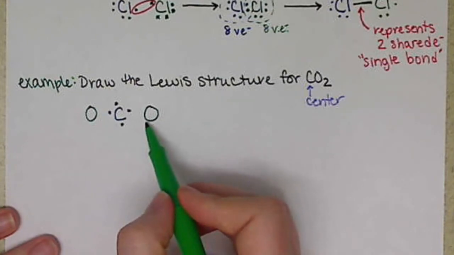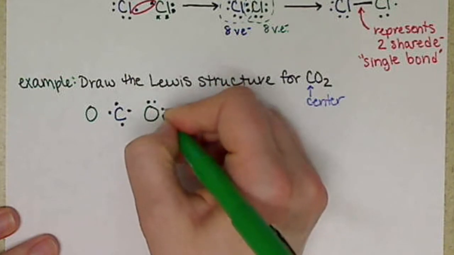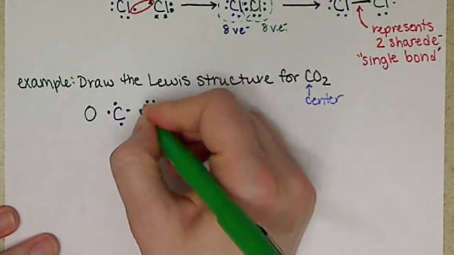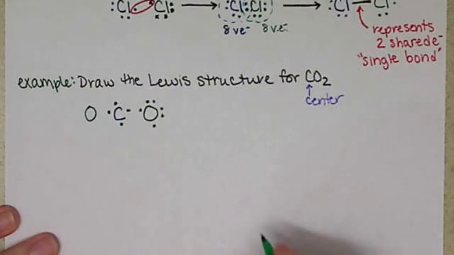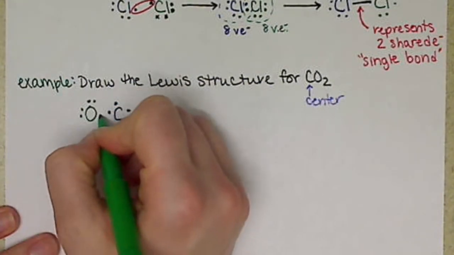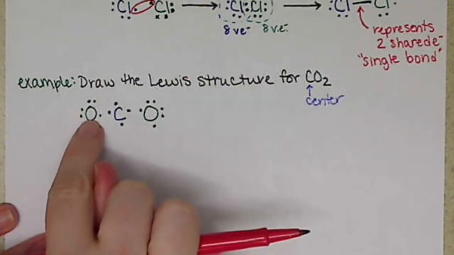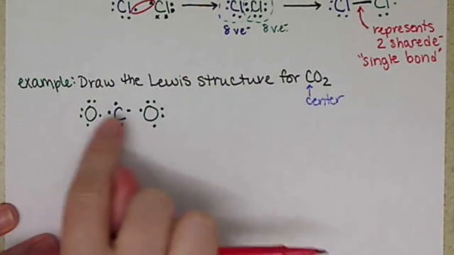Oxygen is in group 6A, so it has 6 valence electrons. So we'll have 2 lone pairs and then 2 unpaired electrons. That'll go for both of our oxygens. Each of them gets 6. This oxygen wants 2 electrons, so does this one.